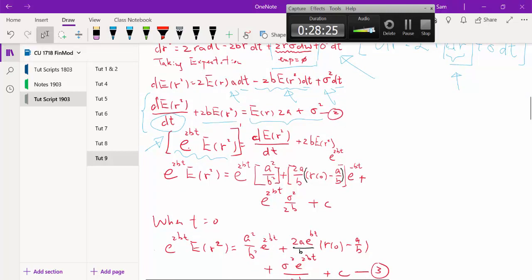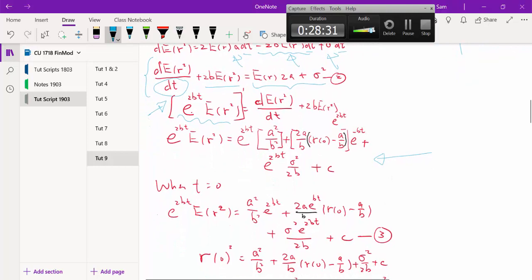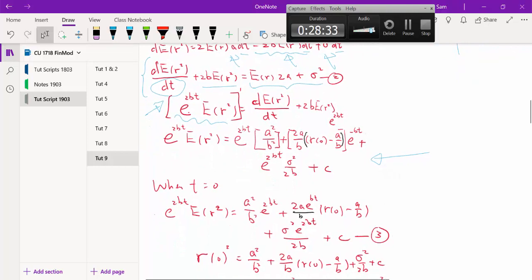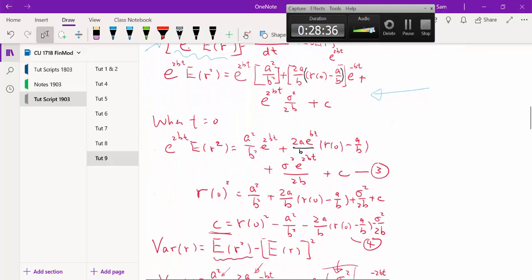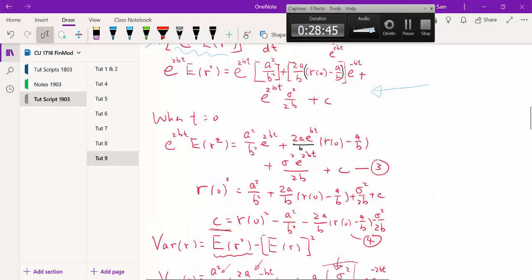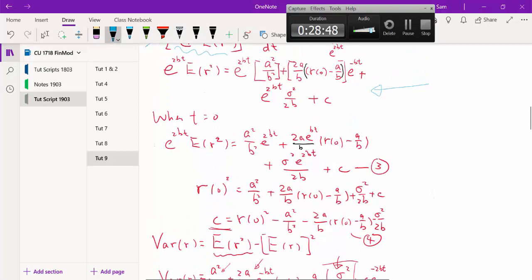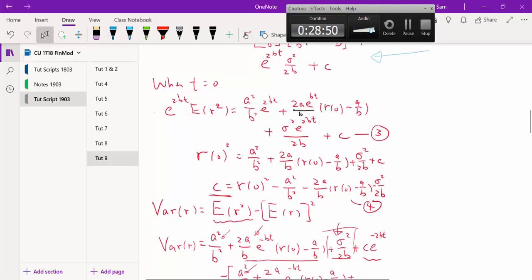And if you integrate that, this is actually the result. Okay, I'm sorry it's a little bit messy. I didn't have time to type it up, so I just did it longhand. And then you substitute in the boundary condition when t is equal to 0. You get this formula here, and you try to figure out what happens at the start. And this is the constant that you get.